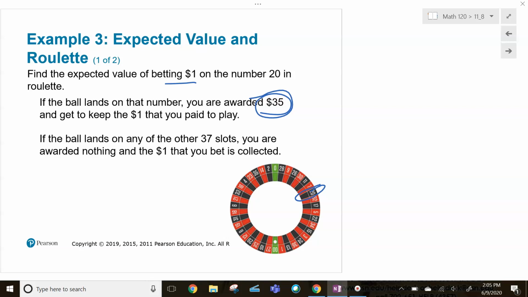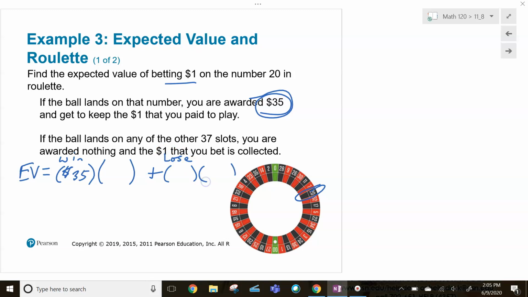So what would the expected value be of playing this game? Well, the one outcome is we win. What do we win? Net? We net $35. What do we lose? Or I'm sorry, we'll do lose over here in just a second.